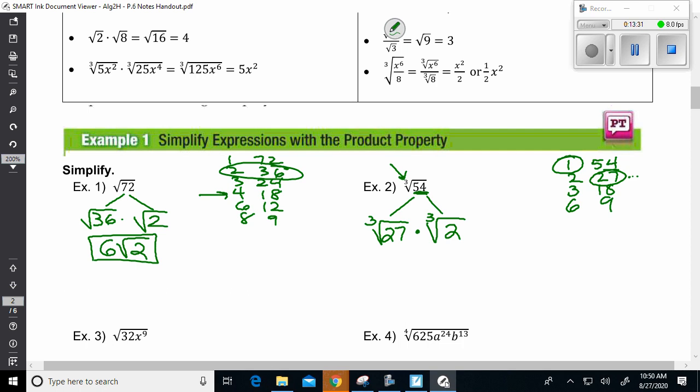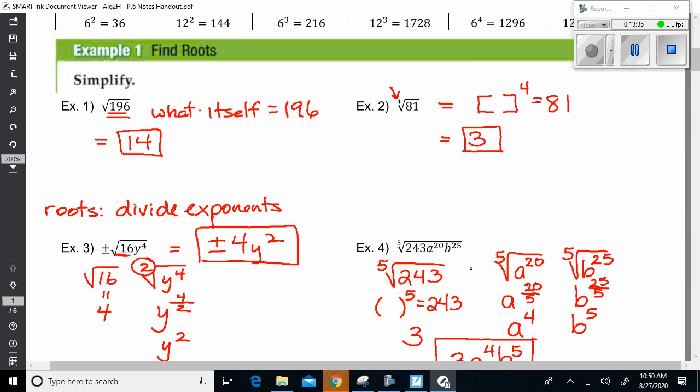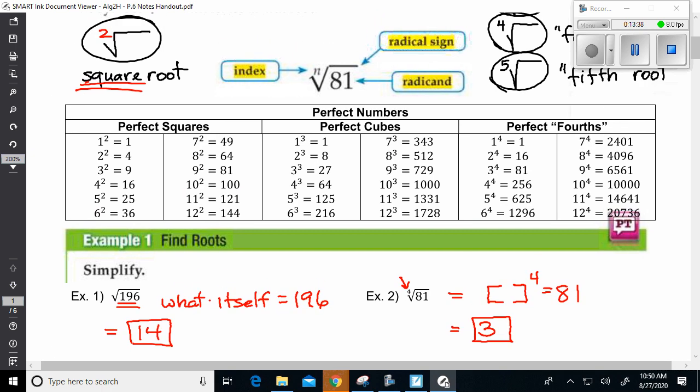If you're wondering, how do I know that 27 is a perfect cube? There's my first 12 perfect cubes. 27 is a part of that list.